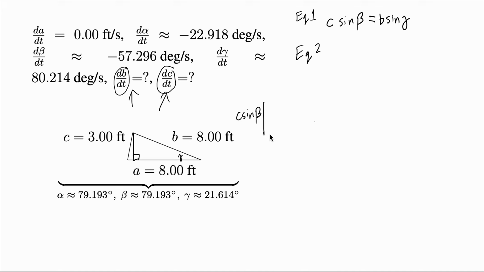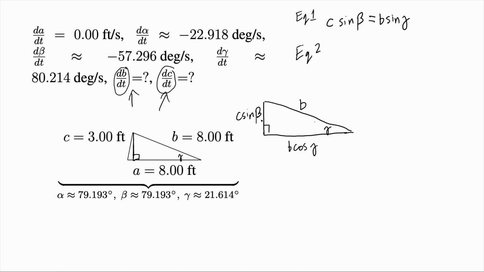We really just need an equation that relates c and b. This is gamma, and this is b, right? So we could write this side length as simply b times the cosine of gamma. So b times the cosine of gamma, c times the sine of beta.